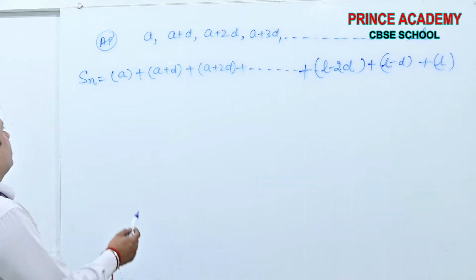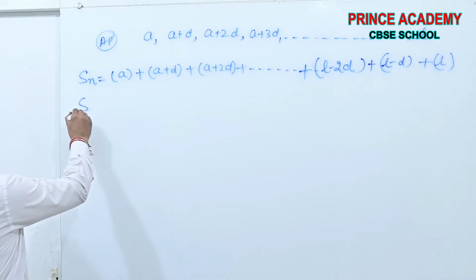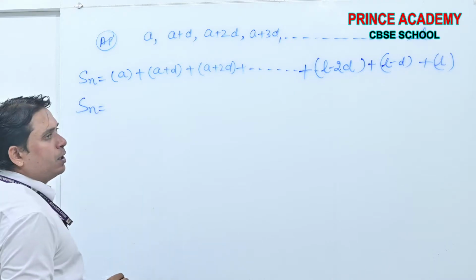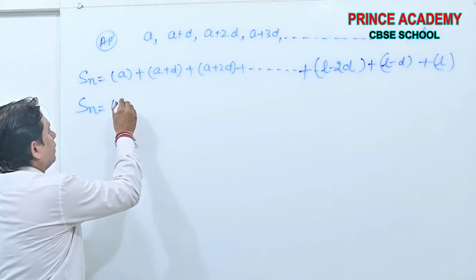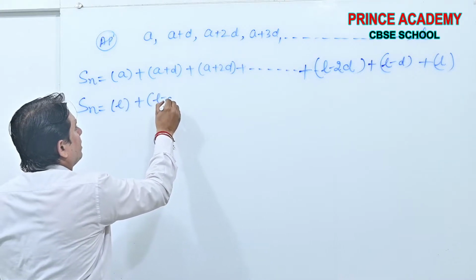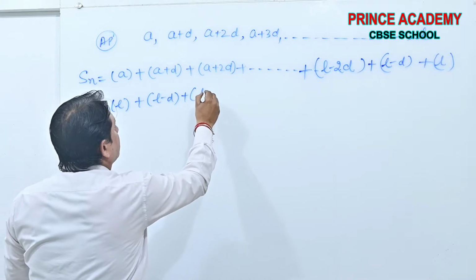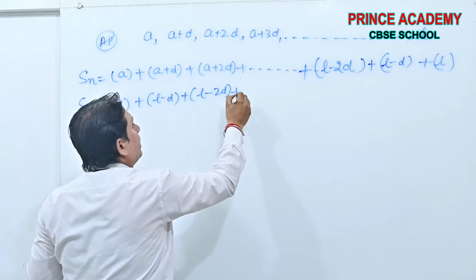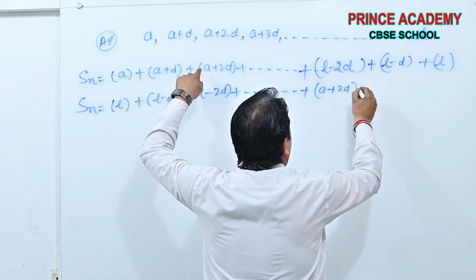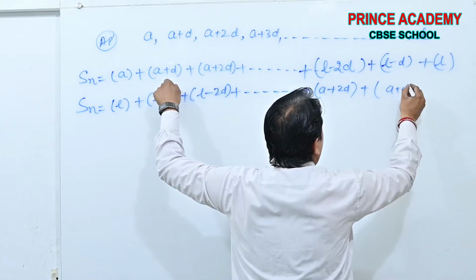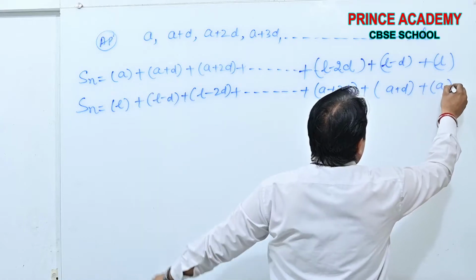Okay. Now I am writing this Sn in the second row. I am writing first here, then this, plus A plus 2D, A plus D plus A. Yes or no?